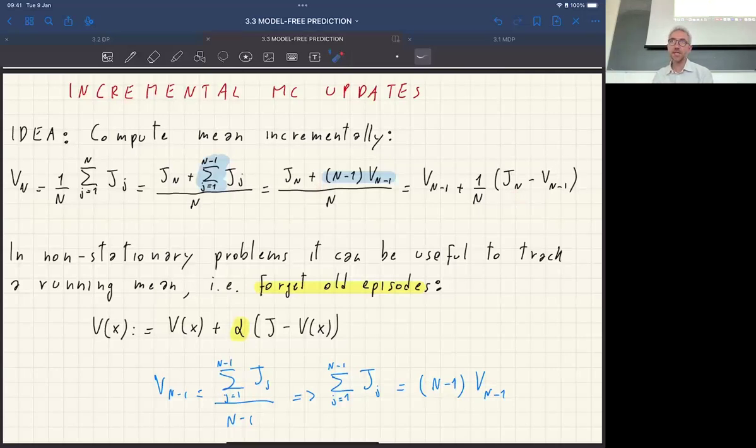So you can see that as n grows, the update tends to 0, because as n goes to infinity, this 1 over n in front of the update goes to 0. So it's obvious that as I keep iterating, my estimate of the value is going to change by smaller and smaller amounts.